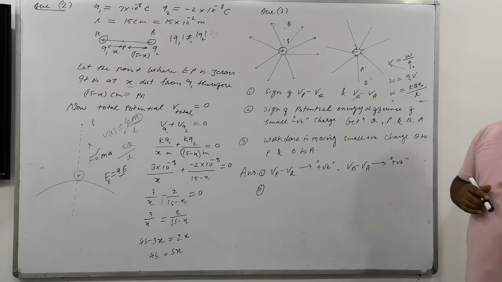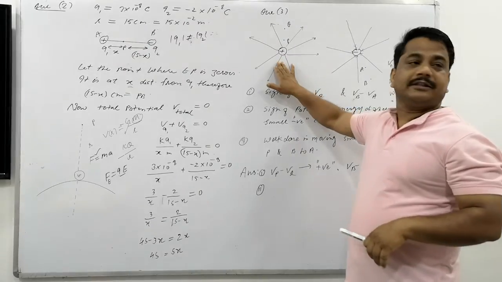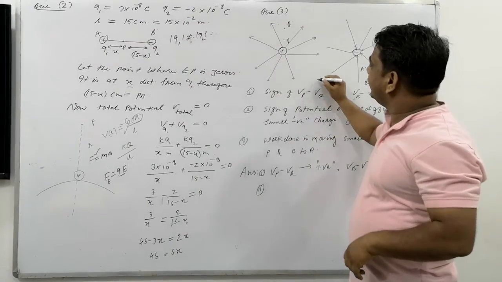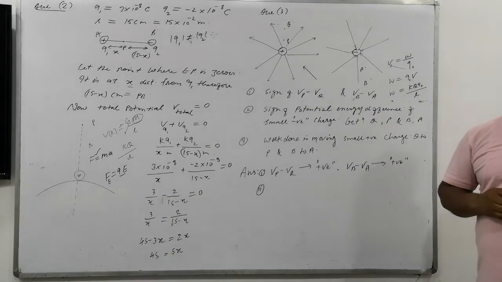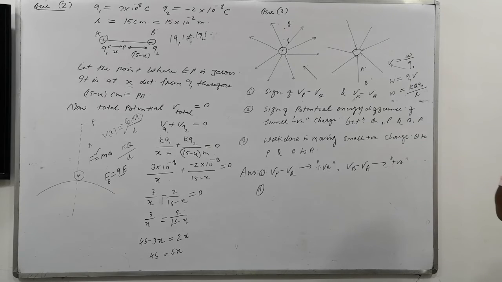Is that clear? Finally, I am telling you there is a positive charge here, and if you are bringing the charge toward the positive, you are obviously doing work against the repulsion. So your work is taken negative. The closer to the positive, the more negative it is. Clear or not? The farther away from the positive, the less negative it is.